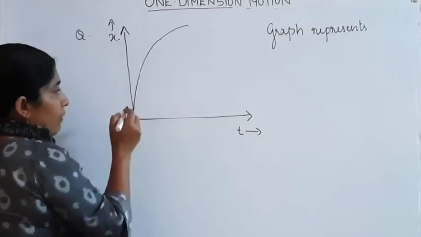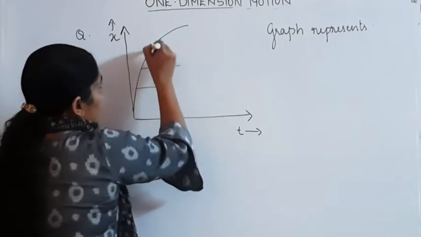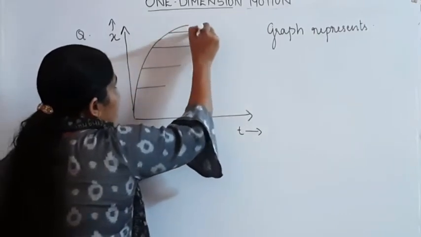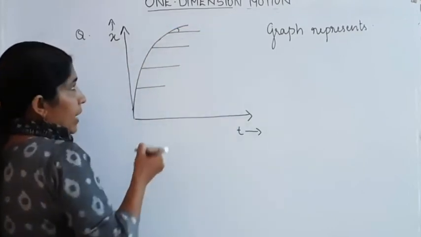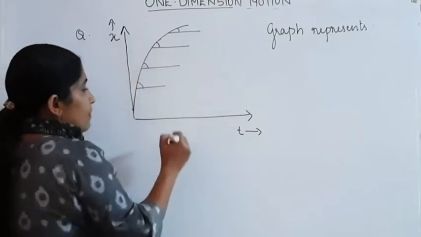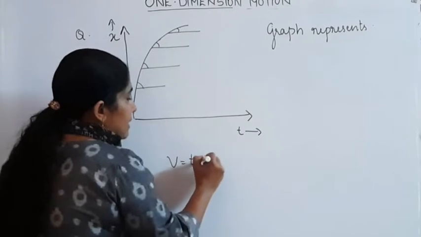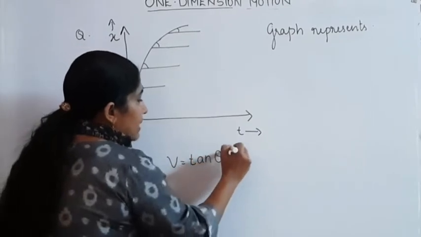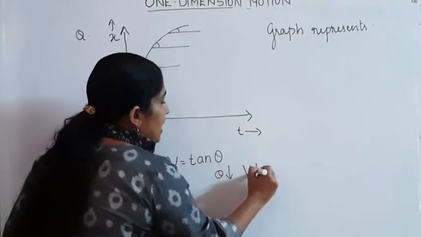When we find out the angle, the angle decreases. Angle decreases means, velocity V is equal to tan theta, theta decreases means velocity decreases.